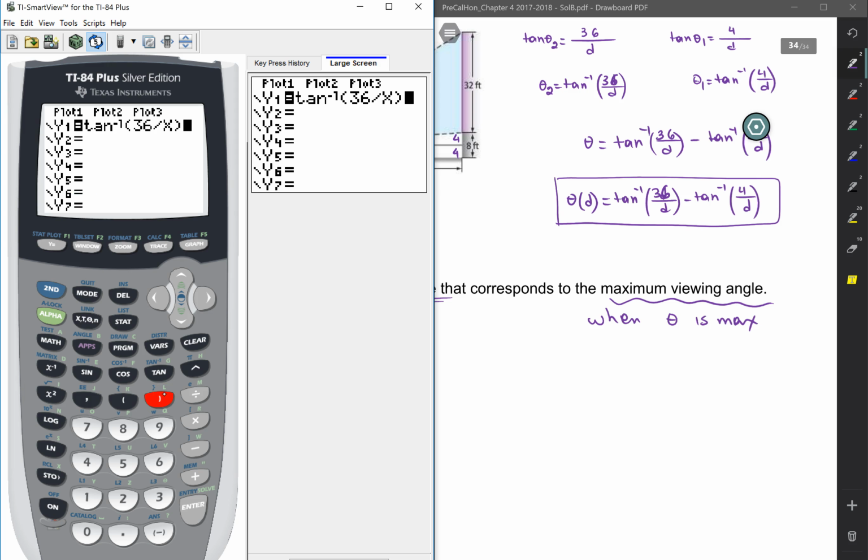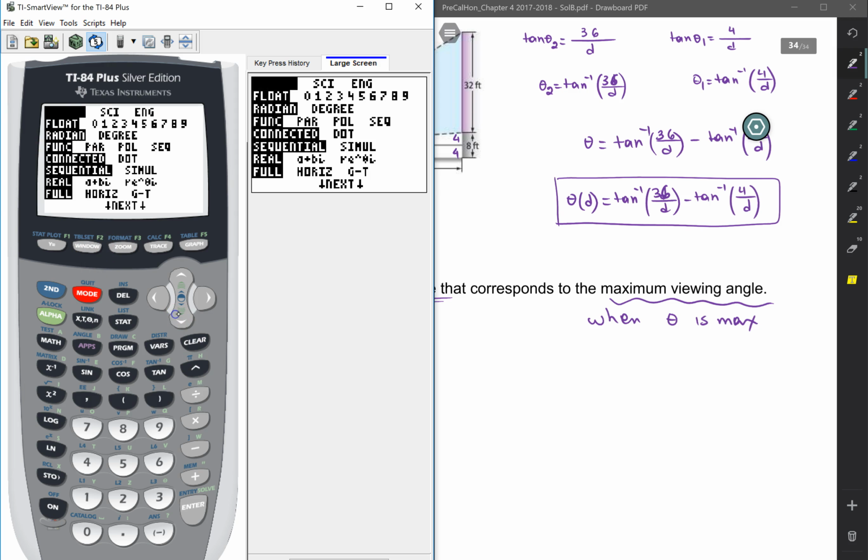Remember f of x, theta of d, f and theta, x and d. Okay, minus inverse tangent of 4 over x. Now it's going to be in degrees because when you go to the theater and you want to measure the angle, you don't want to be measuring in radian. So first of all, let's switch to degrees.